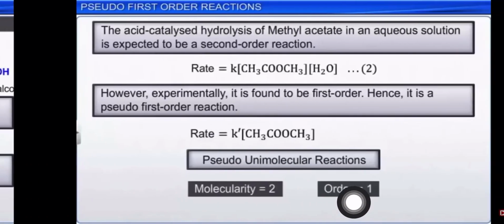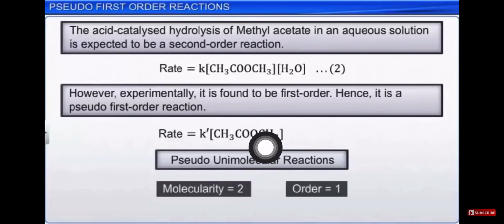Got it? So when it is a pseudo first order reaction, the molecularity is 2 and its order is 1. Molecularity is 2 definitely, because we need to count the total number of molecules in the reaction. And order is 1.